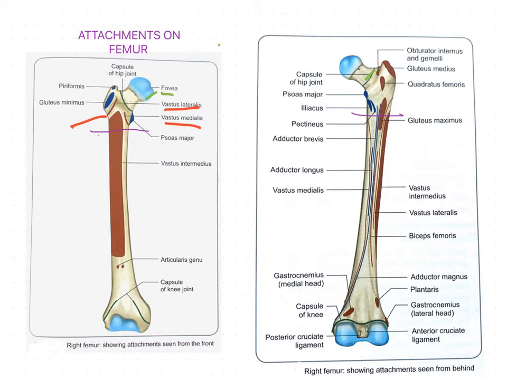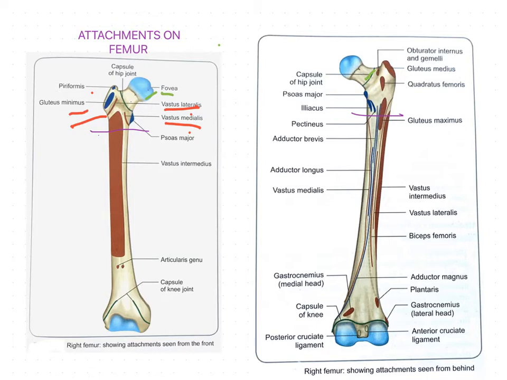So on the anterior aspect we have seen the hip joint capsular ligament, or capsule of hip joint, both are the same. On the greater trochanter, on the anterior aspect, gluteus minimus and piriformis, and along the line, the upper part gives attachment to the vastus lateralis and the lower side vastus medialis. And the iliofemoral ligaments are also attached along the intertrochanteric line.